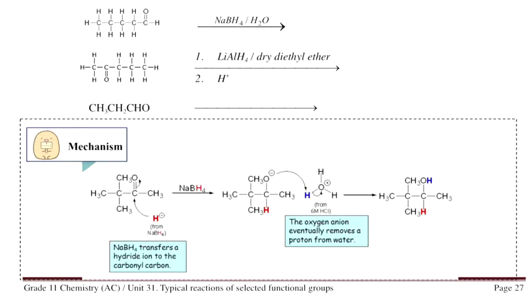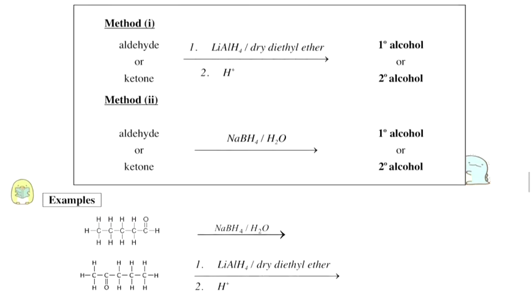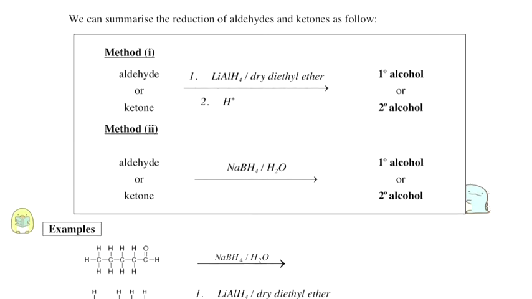It would actually remove the proton from water, which is this one, and then reform water in the solvent. So that's step 1: the nucleophile attacks the molecule, and the second step is the taking of the proton to form the alcohol.